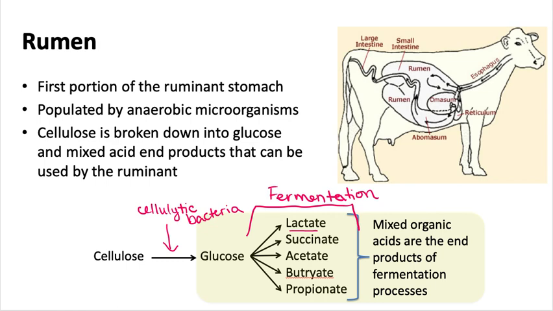Again, a lot of them smell terrible. So we get these mixed organic acids as end products from fermentation. And then after the cellulolytic bacteria and fermenting bacteria go to work, the cattle regurgitate their food and eat it again. And then these are the nutrients that can be absorbed and used by the animal.